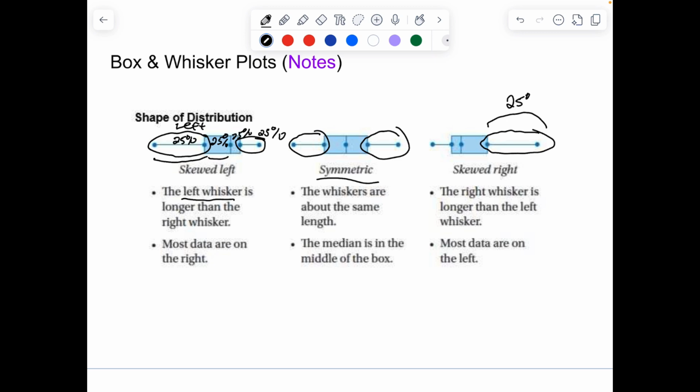So again, this is 25%, 25% here, 25% here, 25% here. We have more of our data here in a shorter span than we do here, which is a larger span of numbers. So our range is smaller on the left side than it is on the right side.